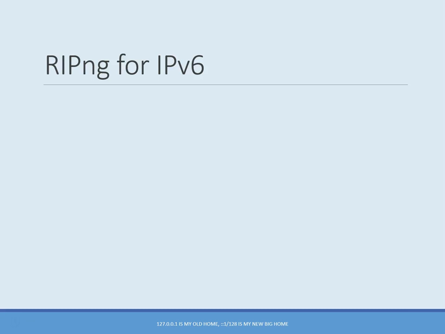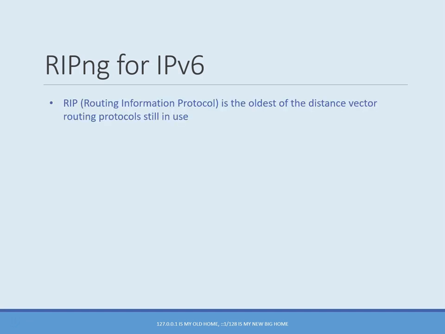Okay, now let us start with the RIPng for IPv6. RIP, or Routing Information Protocol, is the oldest of the distance vector routing protocols, but it is still in use.